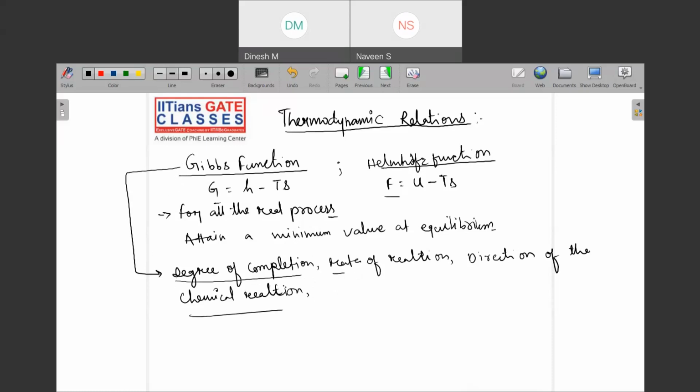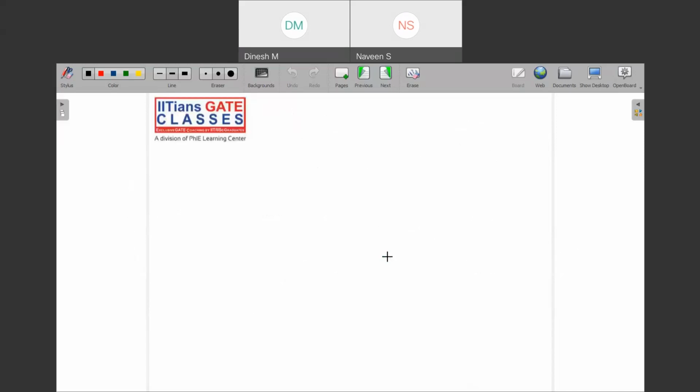Because we have seen that the direction and all these things were decided by the second law of thermodynamics. But sometimes they don't give that option. They will be assuming us to know that the Gibbs function is the one helping us to decide these factors. Okay. Now we have four important relations called Maxwell equations.